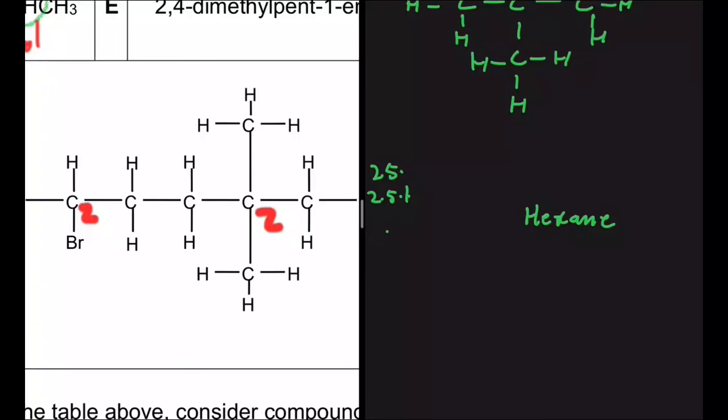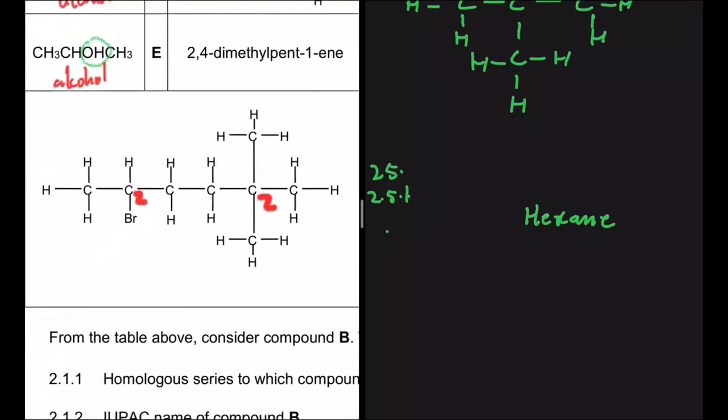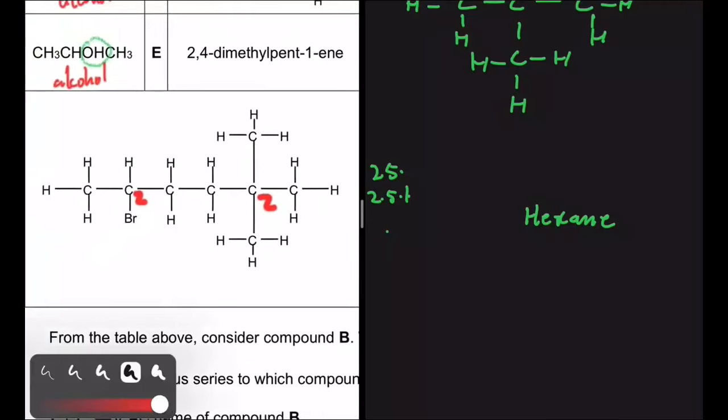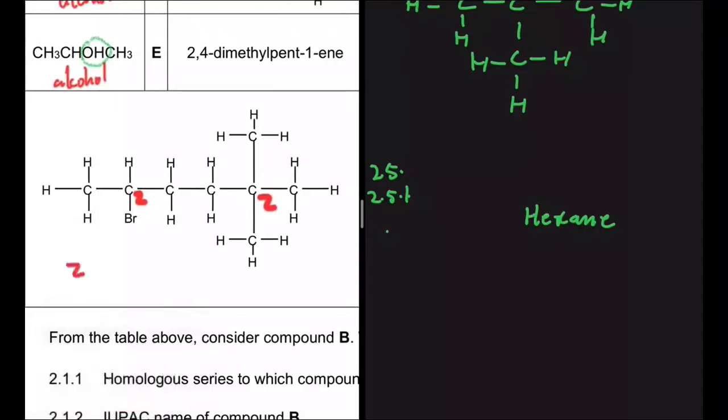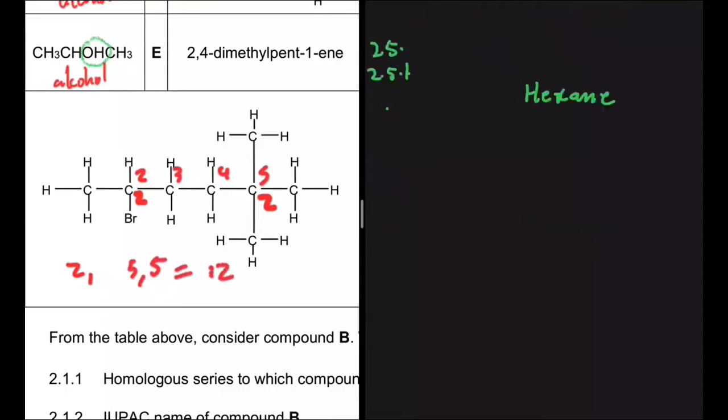You just have to start numbering from the side that will lead to the smallest number. What do I mean by that? If we start numbering from the left, then we're going to have 2 for bromo, right? And then this is 2, 3, 4, 5. And then we're going to have 5,5 for that dimethyl. And then these numbers will give us 12. If we start numbering from the right, we're going to have 2,2 for the dimethyl, right?